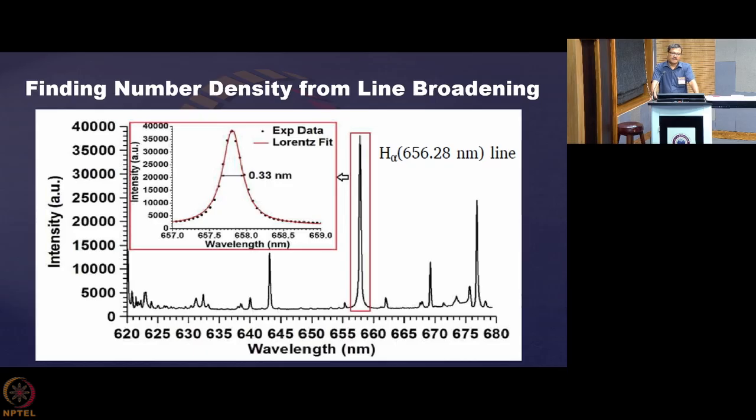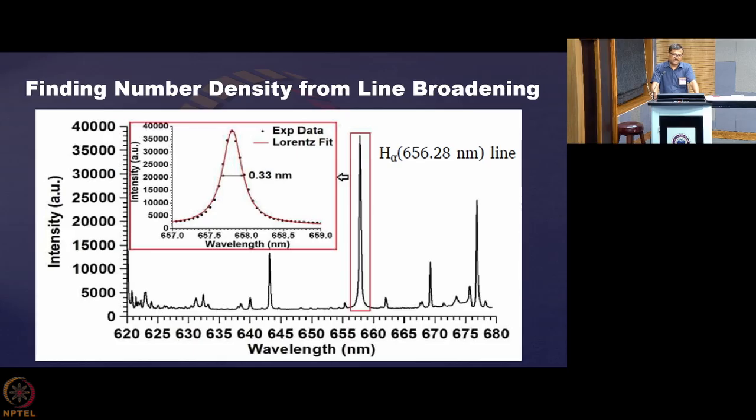Now again, the question comes, suppose you are working with argon plasma, then where will this hydrogen line come from? So for this, what people do is they introduce a very small amount of hydrogen in the main gas.